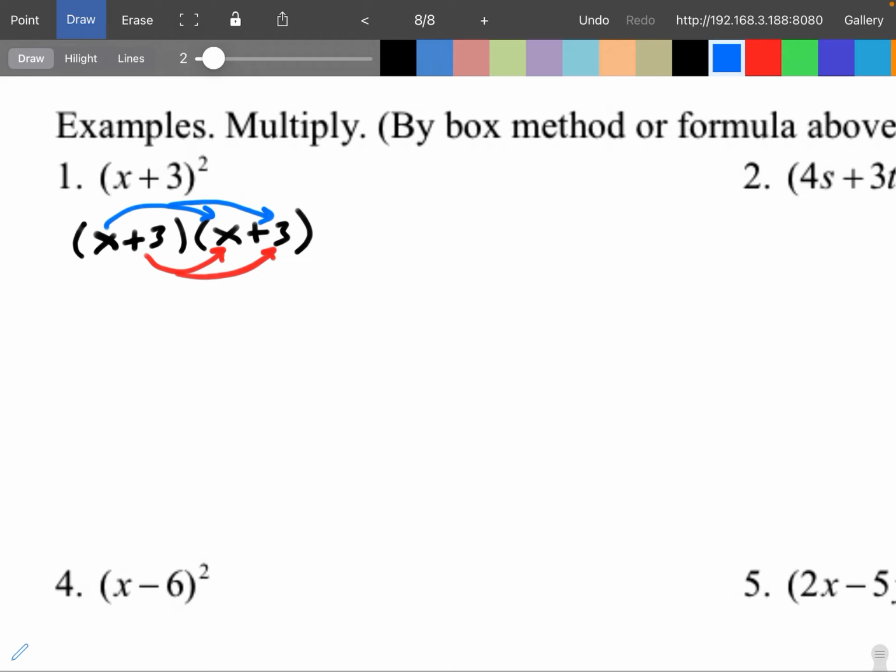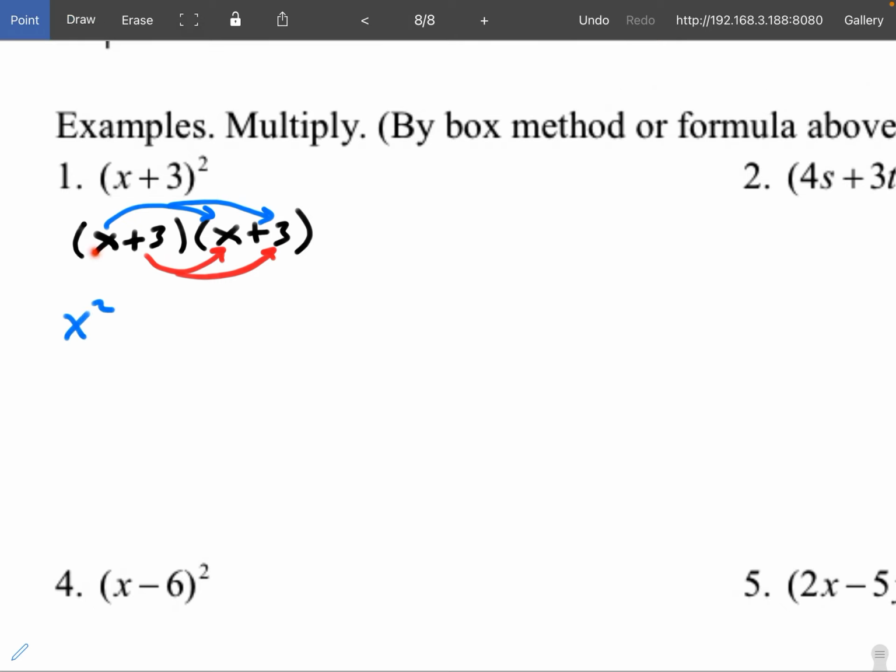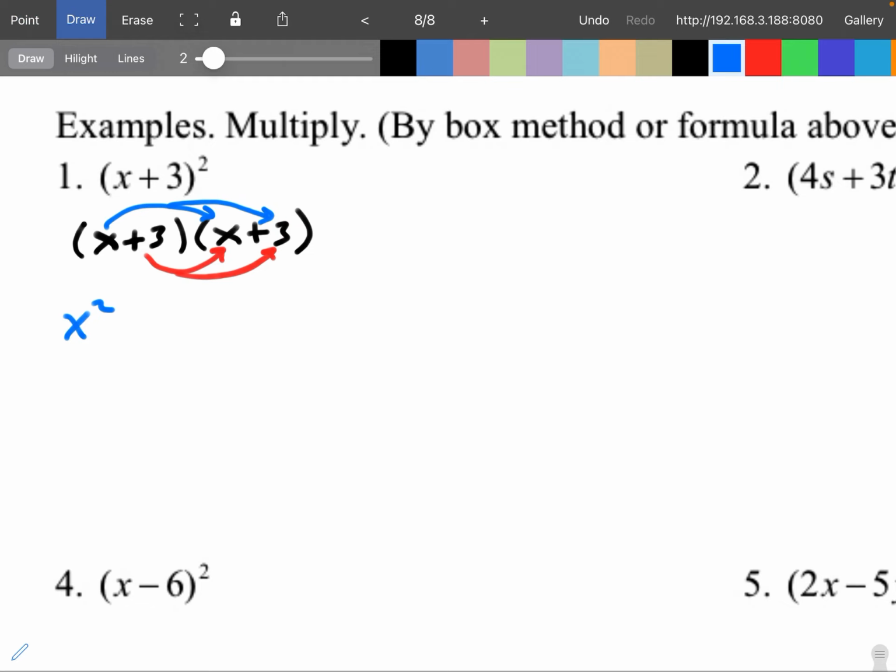X to the second power, yes. It's not 2x, okay? It's not x plus x. It's x times x. So it's x squared. And then we've got to do the x times the positive 3. So what's that? 3x. Good.